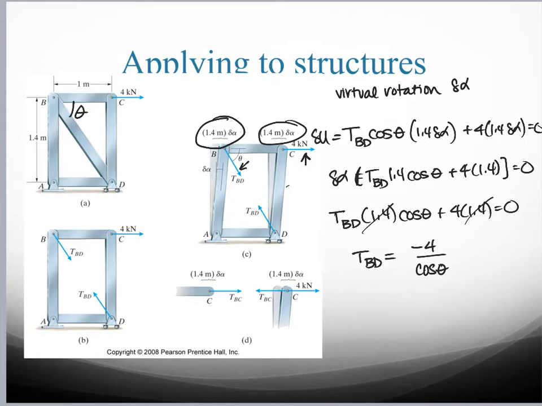This was our theta, and we notice that the tangent of theta is given by 1.4 over 1. So theta is 54.5 degrees. And so from that, we can find the tension in that member, and notice that it's going to be minus 6.88 kilonewtons.